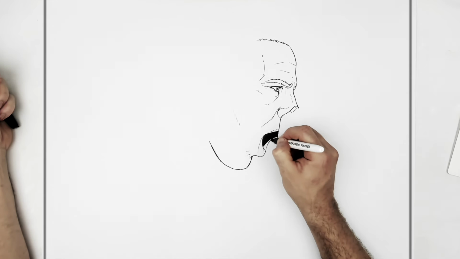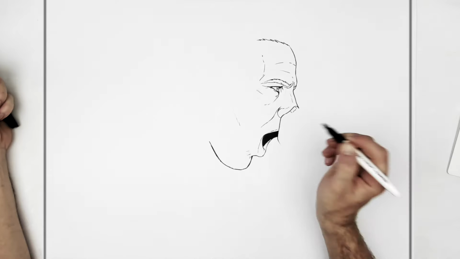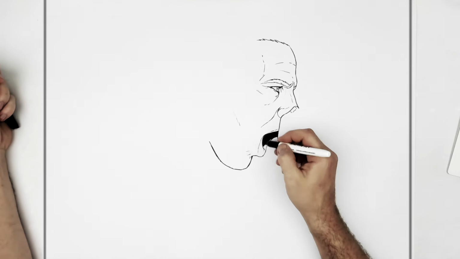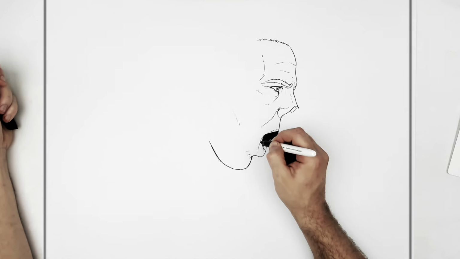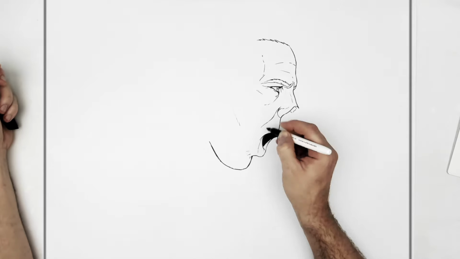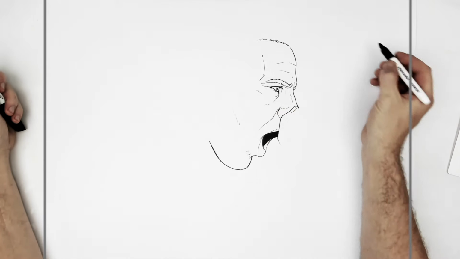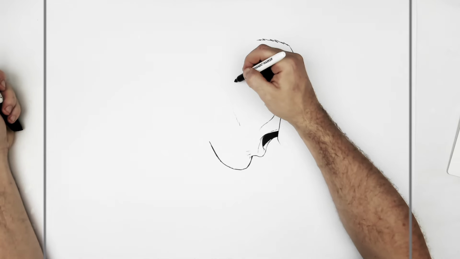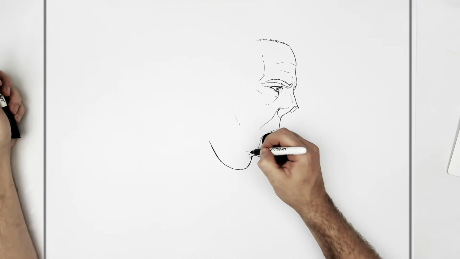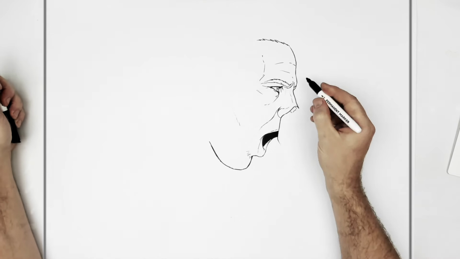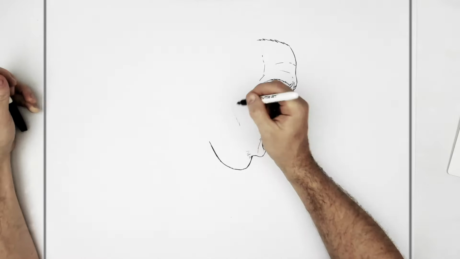Maybe some hatching just up here, like some grey. Okay. Hatching underneath the chin.